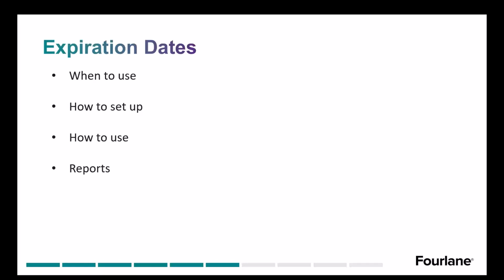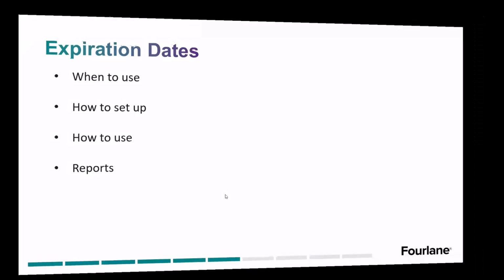How do we use them? We use them to put inventory in and out of the system, build assemblies, and of course for any inventory adjustments. The reports are seen under Reports. You can see all of the different lot numbers and expiration dates all at once, or on the item records themselves.